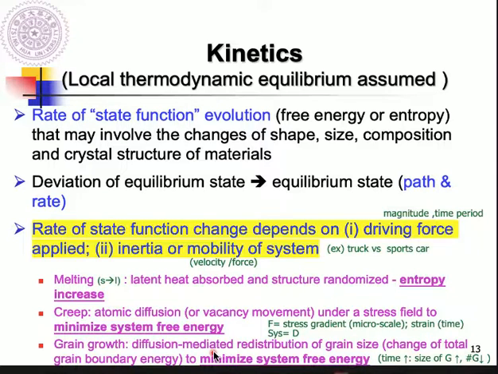Okay, so next slide. I already gave you some examples of kinetic processes, and I hope you can easily find out what the driving force is and what the inertia of the system is. Both of these will affect the rate of the kinetic process.